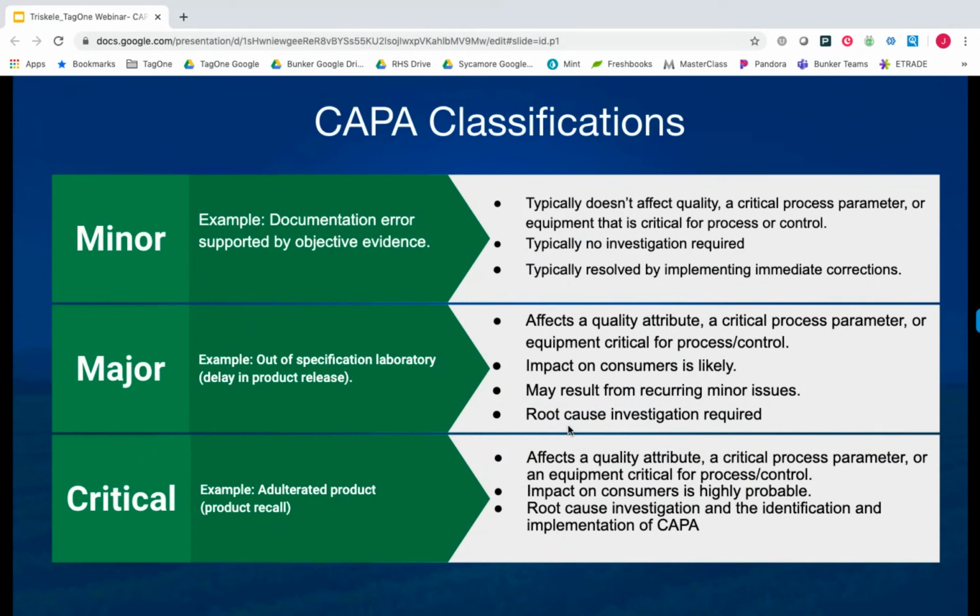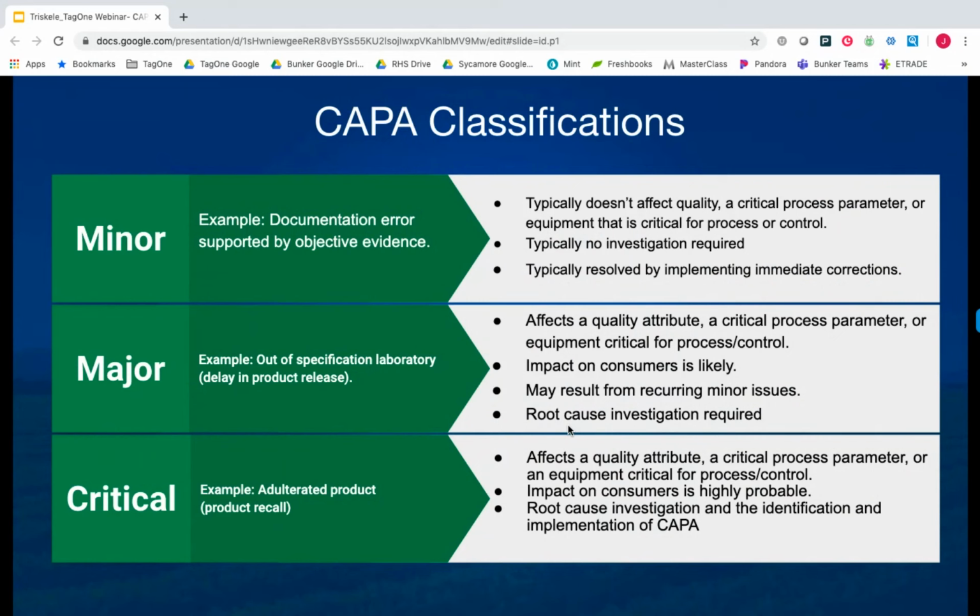A major CAPA may impact product quality. There's a possibility it could impact the consumer, especially if product is out in the market and you identify an issue on a current batch of product, you may find that you have to recall products.